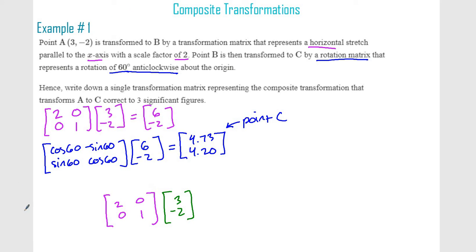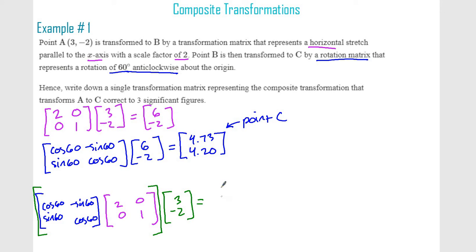And then I multiplied by my rotation, so cosine 60, sine 60. Okay, so here, if I just want a single matrix representation, I could multiply these first.